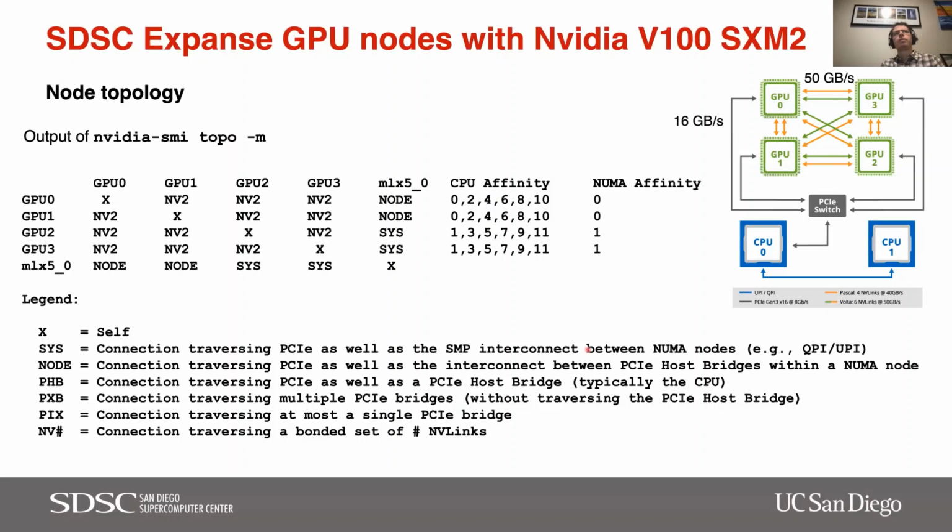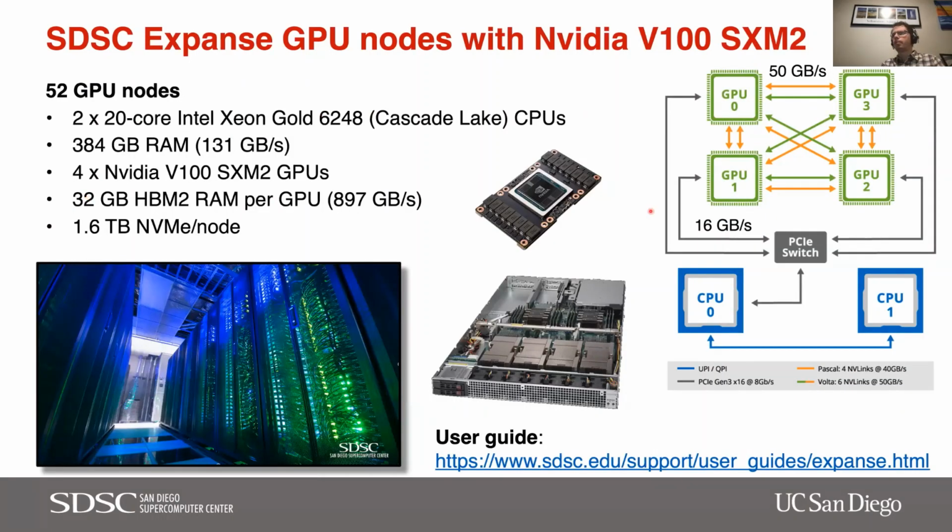So NVIDIA SMI is the NVIDIA System Management Interface. It can give you information about the GPUs. You'll try this as well. It has an option topo, and if you type topo -m, it's going to tell you how the GPUs are interconnected. I mentioned briefly these faster interconnects, the NVLinks. They run at 50 GB per second, as opposed to the PCI Express bus, which is slower.